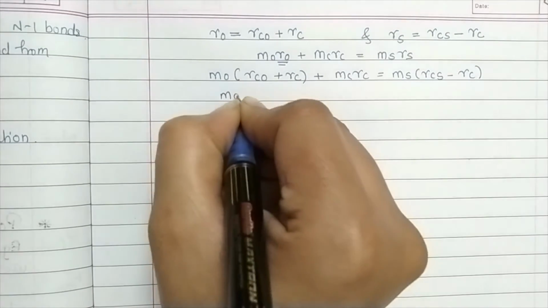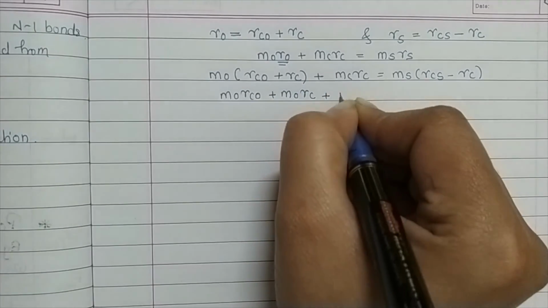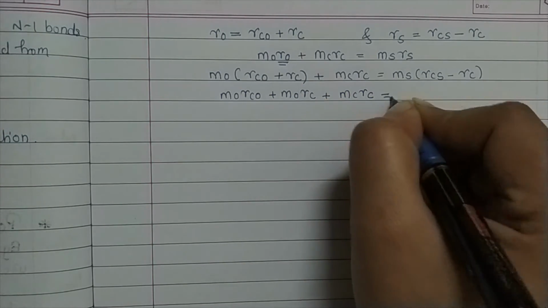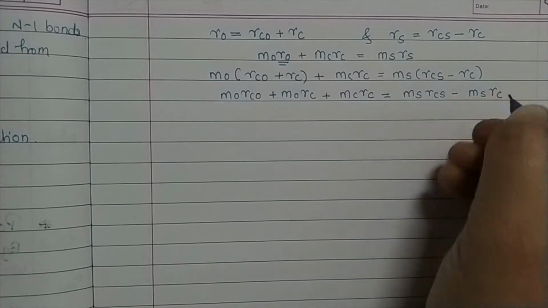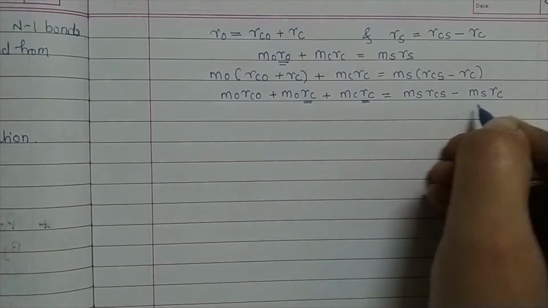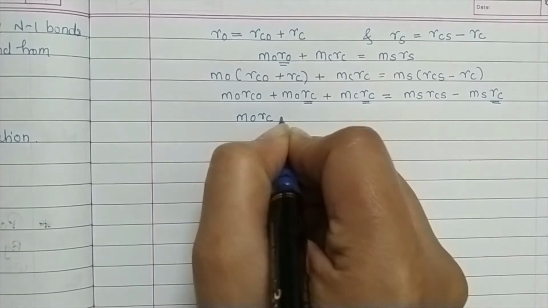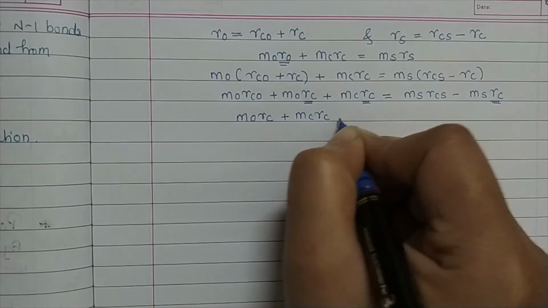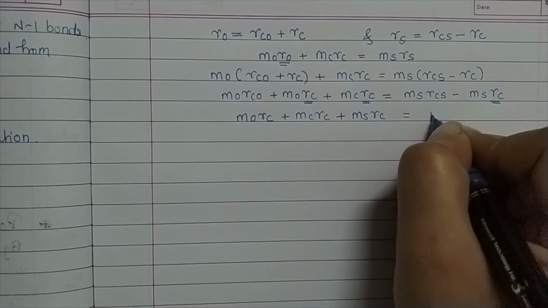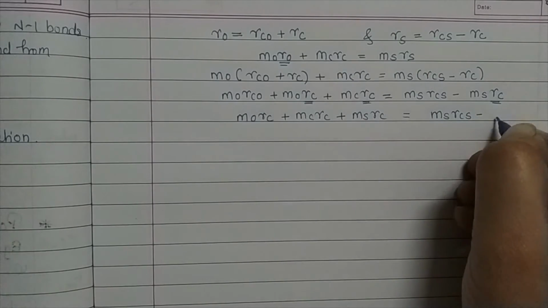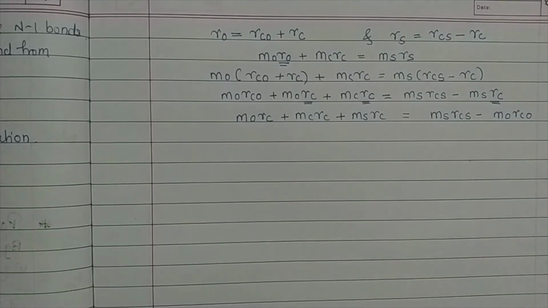So now MO RCO plus MO RC plus MC RC is equal to MS RCS minus MS RC. Whatever terms have RC, you take to one side, that is MO RC plus MC RC, this minus will become plus, MS RC is equal to MS RCS minus MO RCO. When it shifts here, it becomes minus.